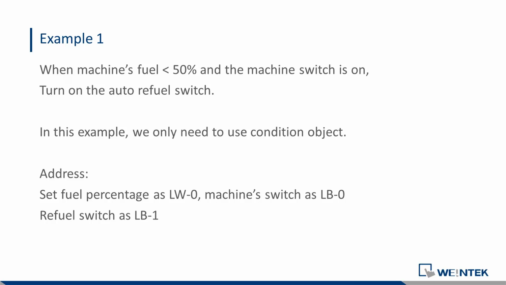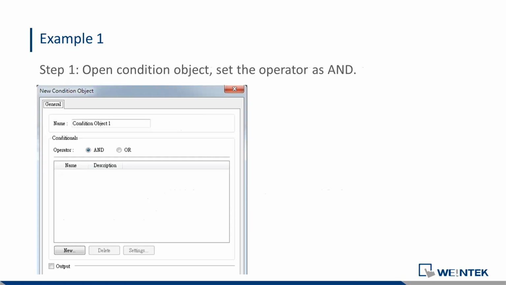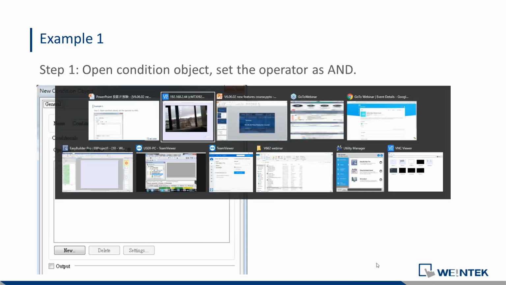All right, so if you have your EasyBuilder Pro now, you can try to run them with me together. The first part is to open a condition object and set the operator as AND. So let me go to my EasyBuilder Pro.